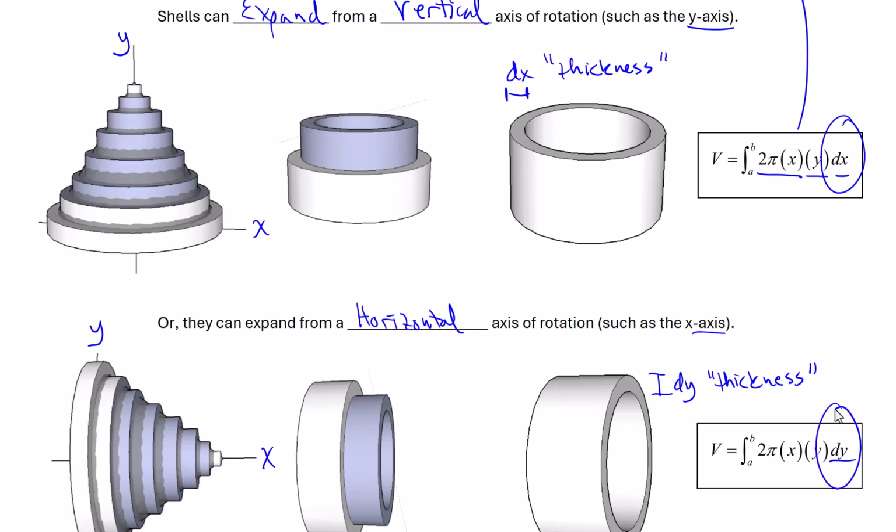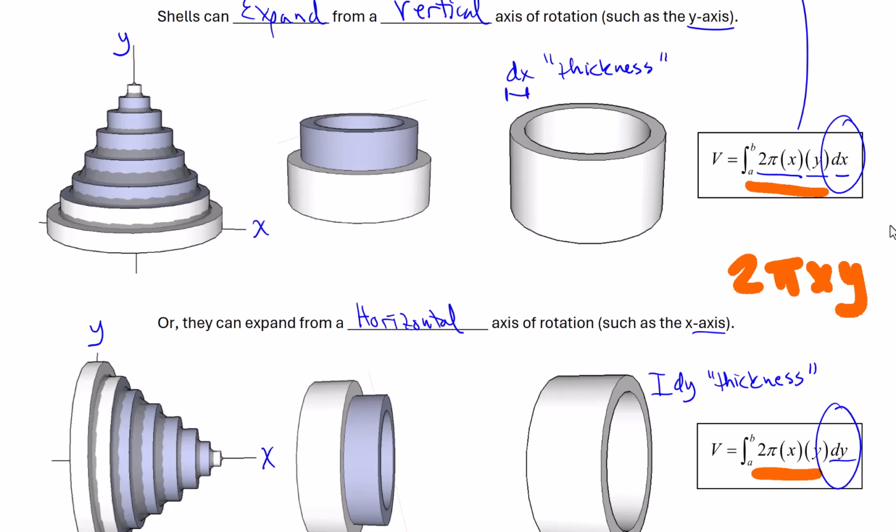But notice what's in front of those is the same in either case: 2 pi xy, 2 pi xy. So that's going to be a familiar setup for us that is easy to remember and even easy to use, with, of course, a little bit of algebra involved to make sure we have the correct variable given the function we have in the problem. But we'll see that shortly in some examples. The 2 pi xy just kind of sounds nice, kind of rhymes. The pi and the y rhyme. So that's how the value of this little setup will show up.